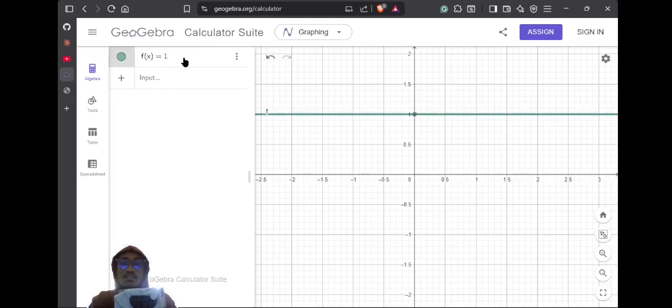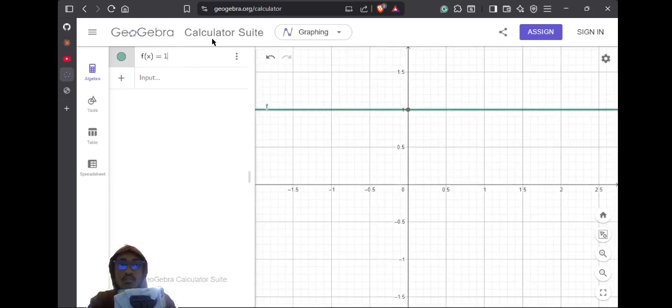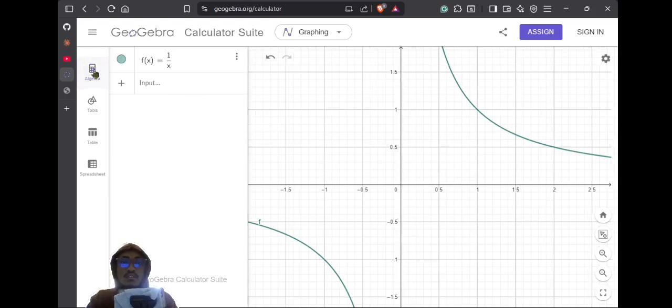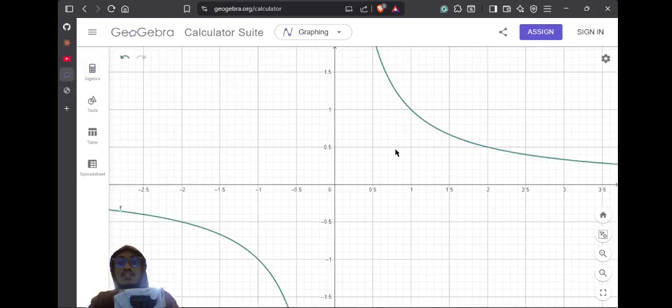So let's say you're building a quadratic function or a linear function. Then if you type in the function itself here, it'll show you what's going on, right? In this case, we want 1 divided by x, and then you can click enter, and after that you can see what a hyperbolic function is supposed to look like.